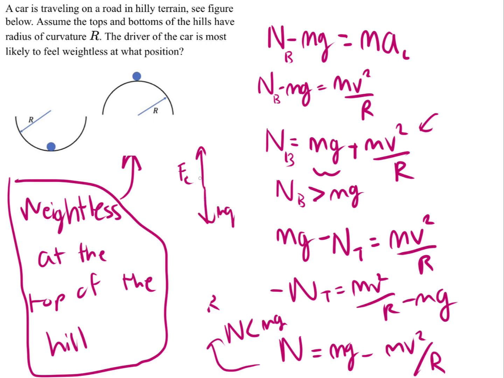So the normal force needs to provide both the centripetal force and balance the force of gravity. At the top of the hill, the centripetal force is partly provided by the force of gravity. So the force of gravity helps produce that centripetal force towards the center of the circle. And that is how you would solve this problem here.